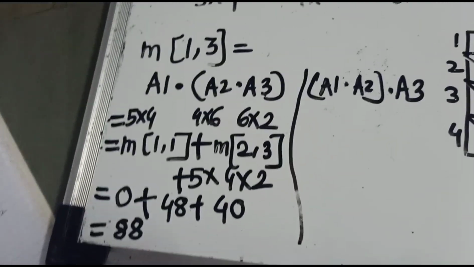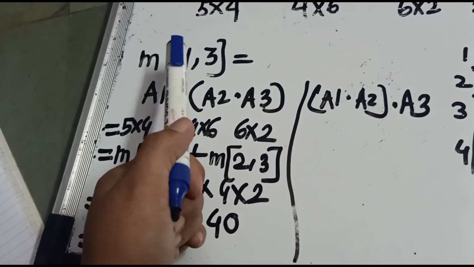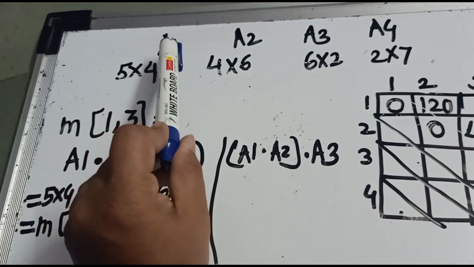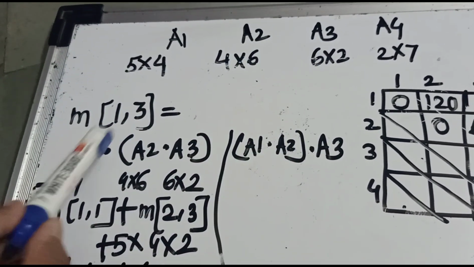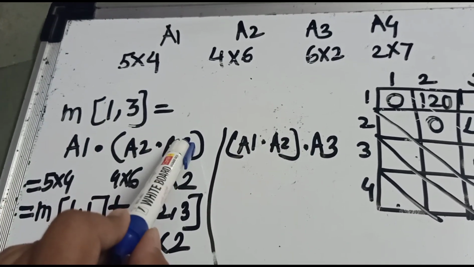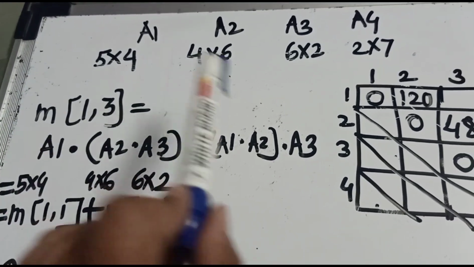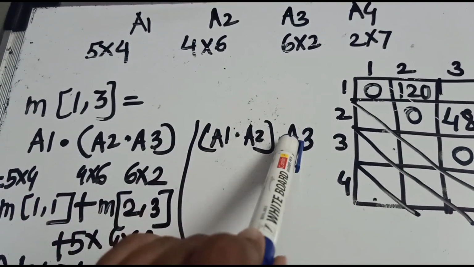What is the answer we are getting here? 88. Now again I will repeat that multiplying A1 to A3 involves 3 matrices, A1, A2, A3. So there are 2 sequences. Either you multiply A2 and A3 first and then multiply the result with A1, or the second sequence can be to multiply A1 and A2 first and then multiply the result with A3.